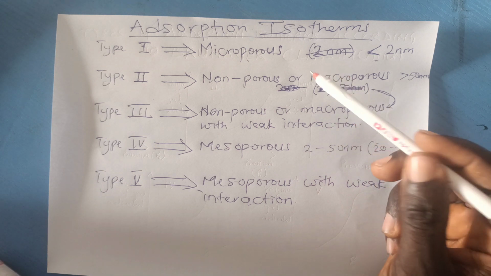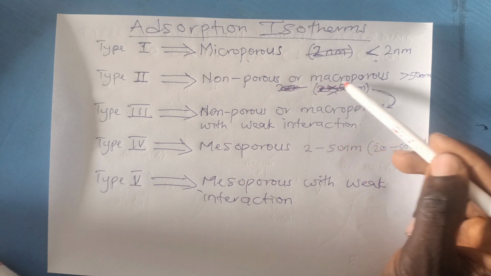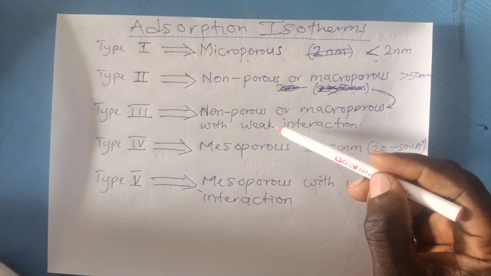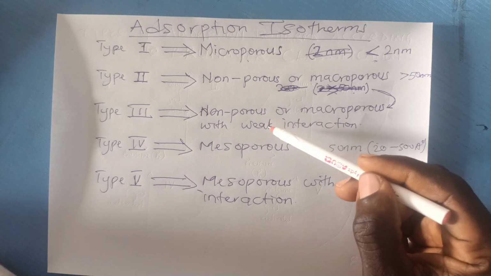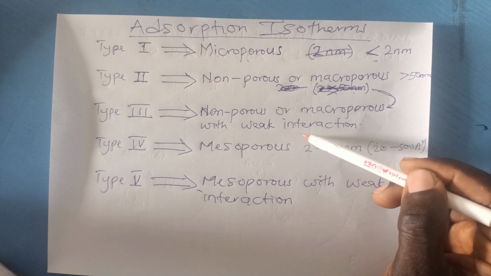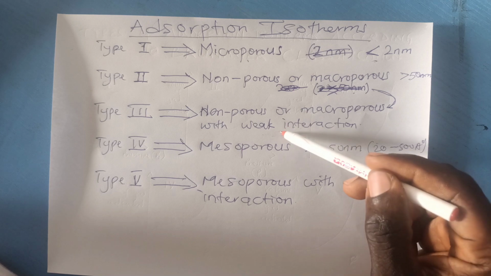As I've told you, the adsorbent used here is microporous, here is macroporous or non-porous. Then here you use macroporous, but the challenge is that the interaction between the adsorbent and the adsorbate is very weak.